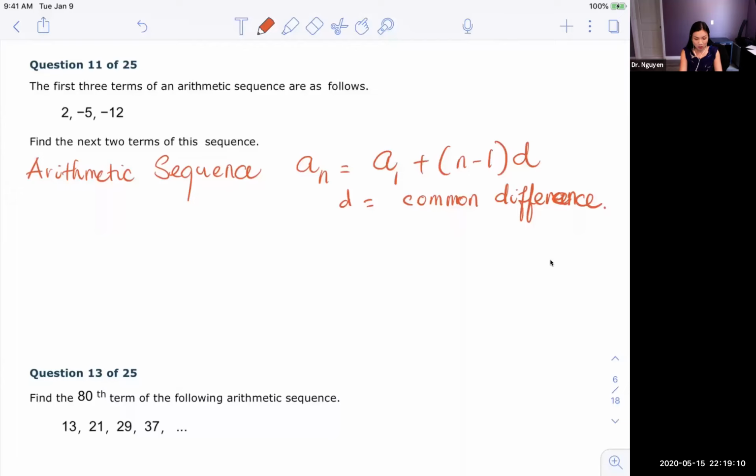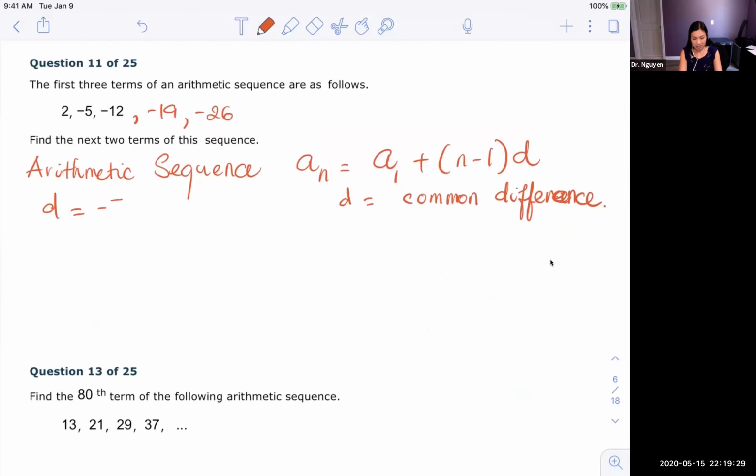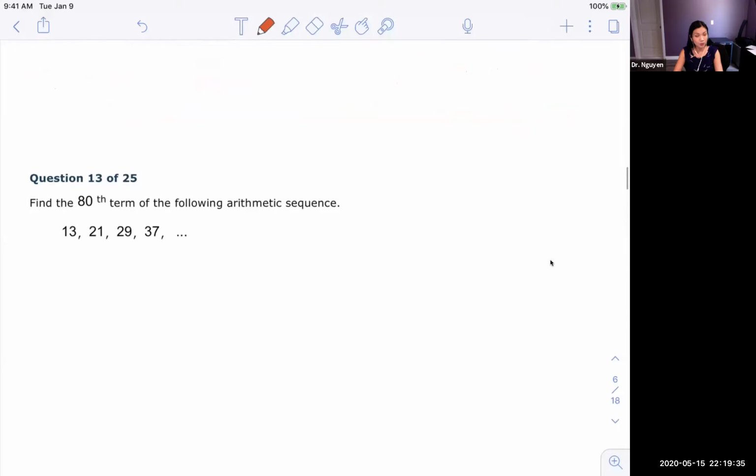So the next one, -12, if you subtract 7, you're going to get -19. From -19, you subtract 7, you're going to get -26. So you see in this problem right here, d is -7.